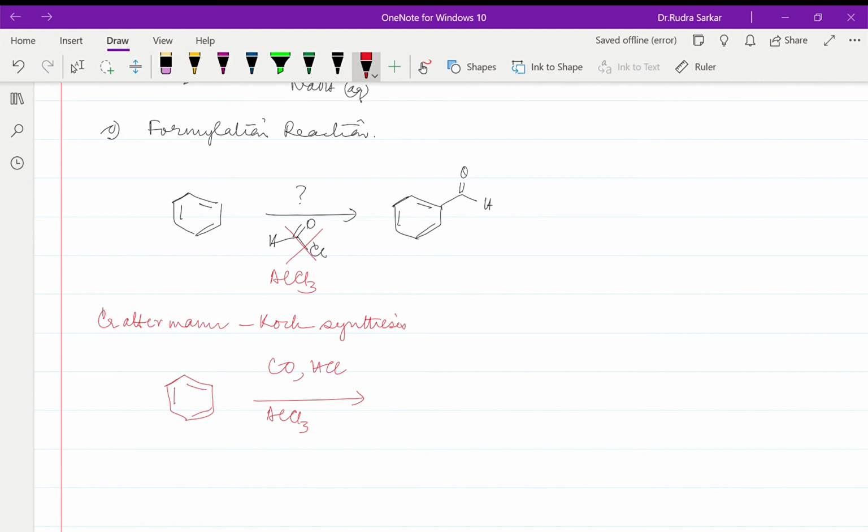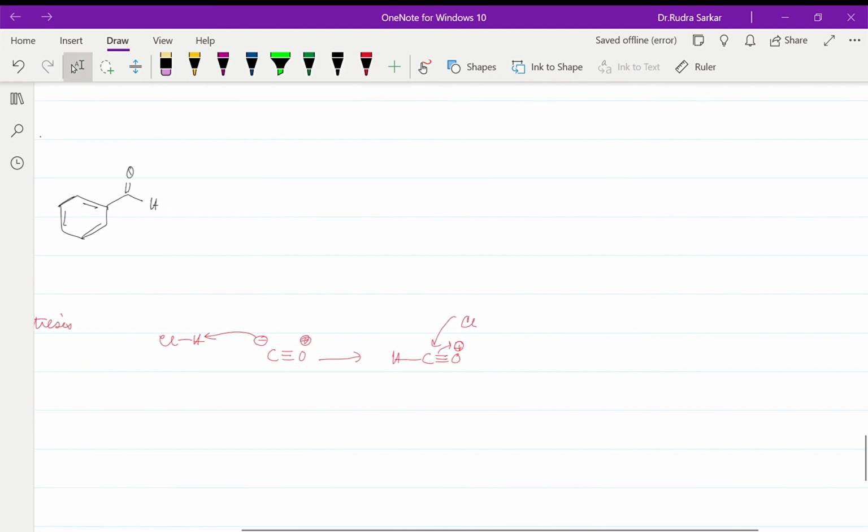So we have the C triple bond O, this is your minus and that is your plus, that is your HCl. This is going to combine like this to give you HC triple bond O. Alright, this will be attacked by Cl to give you the production of HCOCl in the reaction conditions.